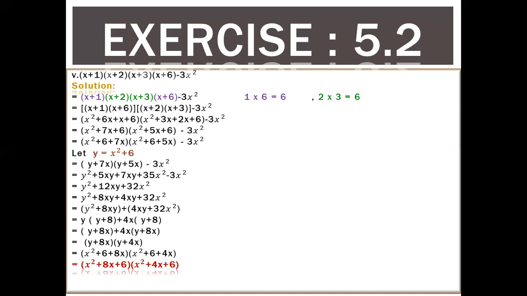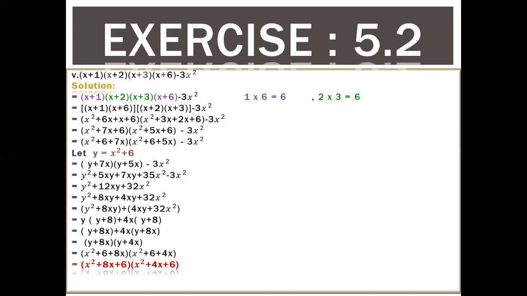Now you find all the possible factors of 32, and from all these possible factors we find the one pair which is 8xy and 4xy. When you add 8 and 4, we get 12. When you multiply, we get 32x square.